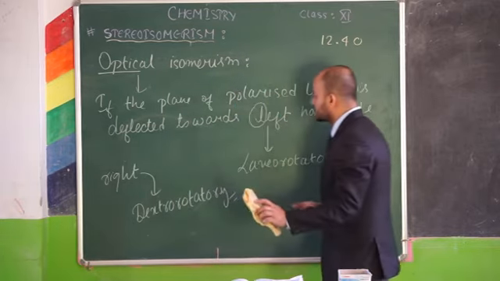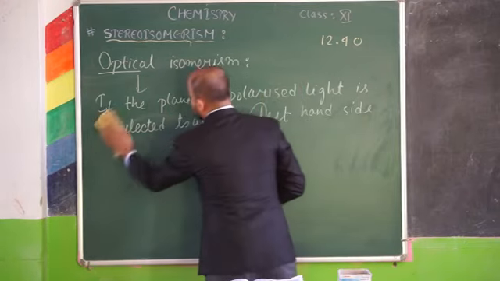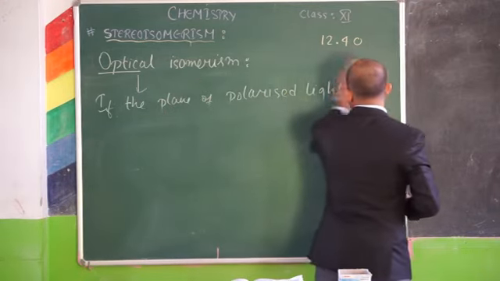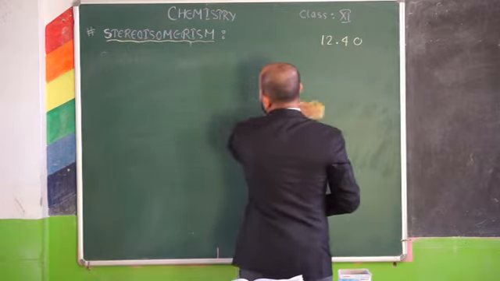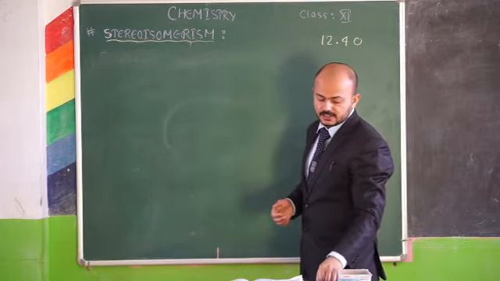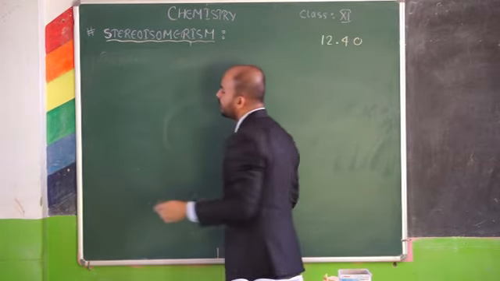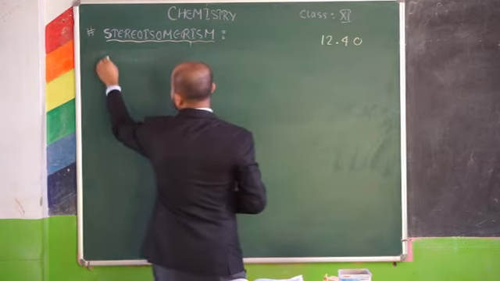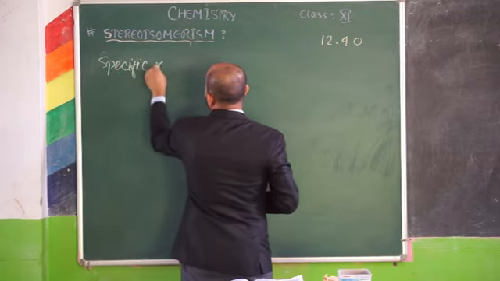Specific rotation, definition, and a numerical is always expected from this particular topic. Okay. Now we are going to discuss the specific rotation, and this is also under optical isomerism.